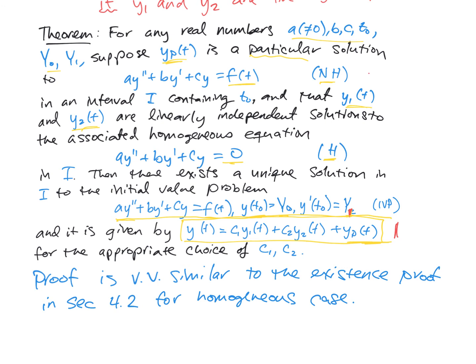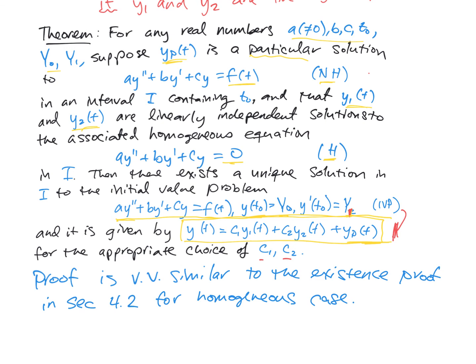And so what we really need to prove is that you're always going to be able to find C1 and C2 that solve the initial value problem. And that's really just an algebra problem. So you can plug this into the IVP, set everything equal to y0 and y1, and do the algebra out. And so then the only trick is that you have to make sure that the solution that you get is always going to exist.